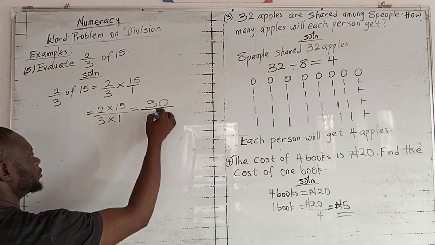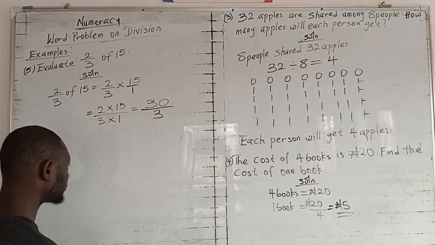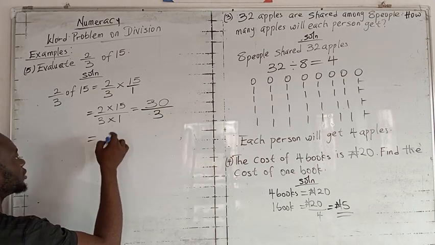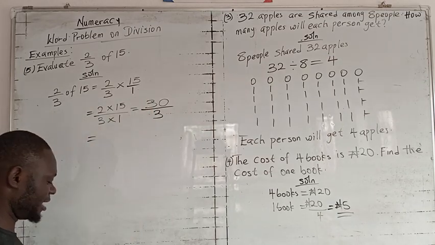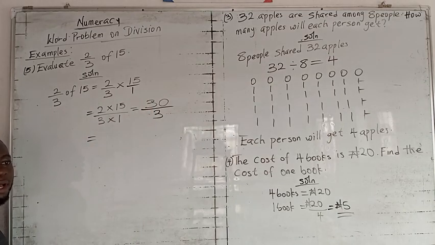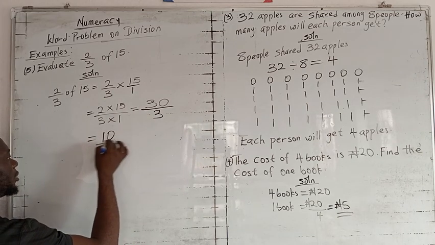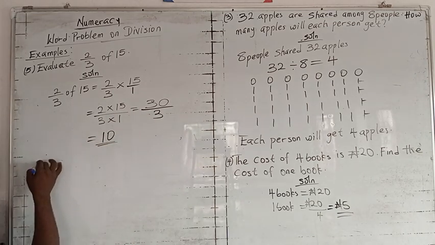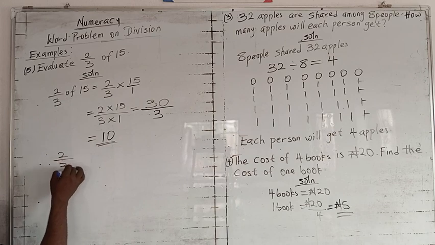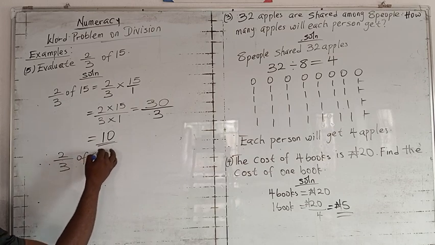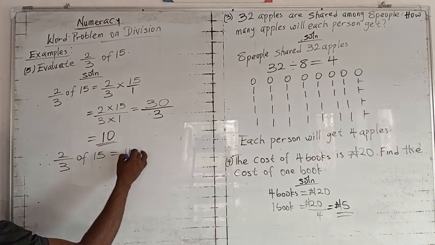Three times 1 is 3. So you now notice that we have 30 divided by 3, and 30 divided by 3 is 10. Therefore, 2/3 of 15 equals 10.